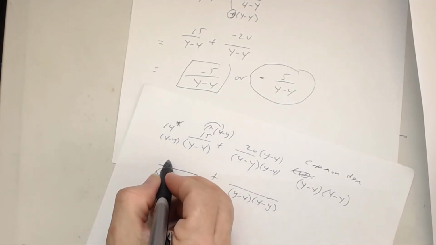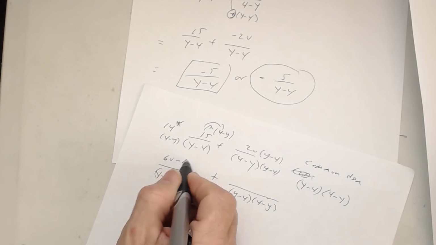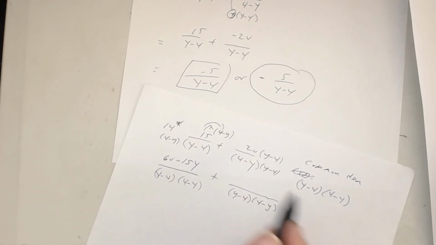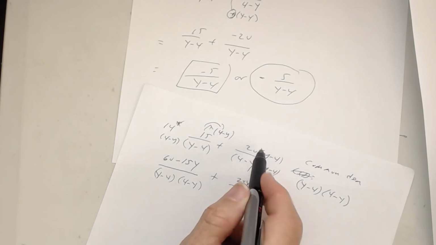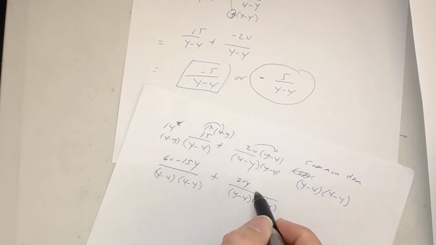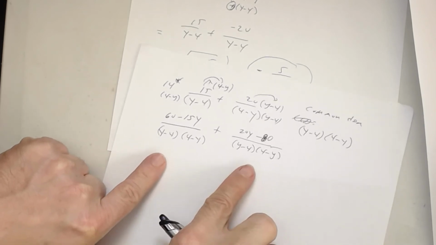15 times 4? 15 times a -y? Okay. 20 times y? And then 20 times a -4? -80. Now can I write as one fraction? Yes.